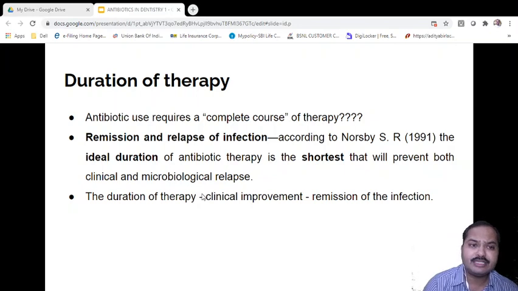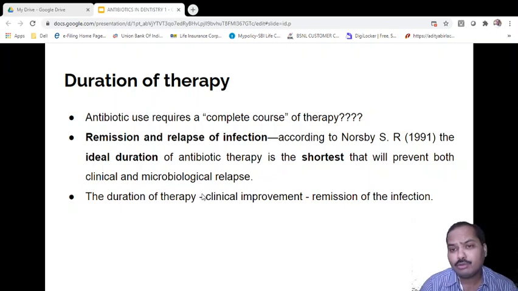According to Nosby, the ideal duration of the antibiotic therapy is the shortest that will prevent both clinical and microbiological relapse. So the clinical relapse should not be there and the microorganism should also be eliminated from the host body. That should be the duration of the therapy.